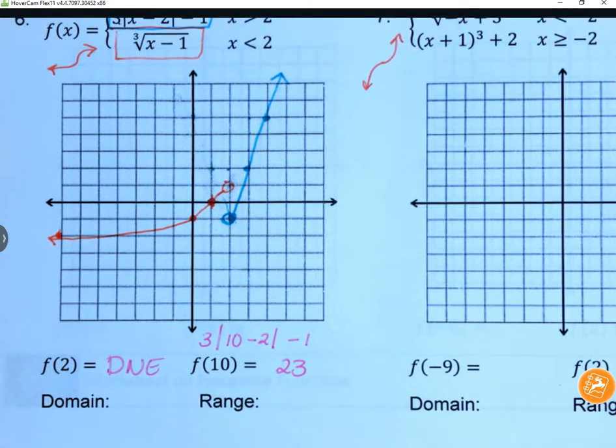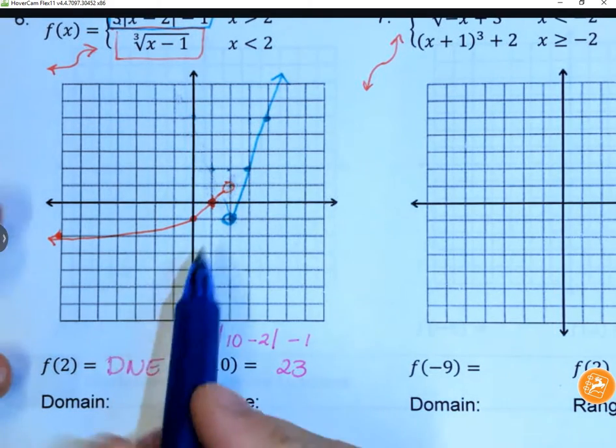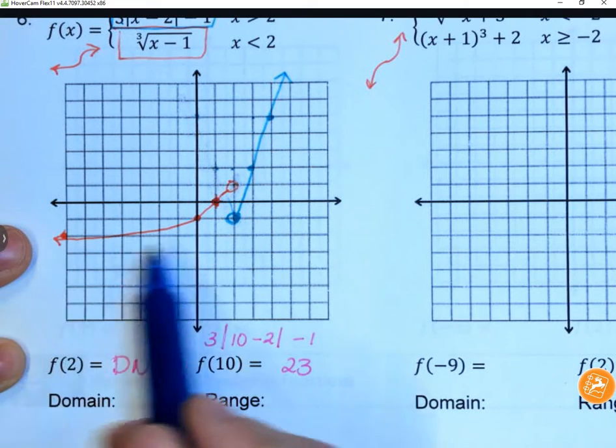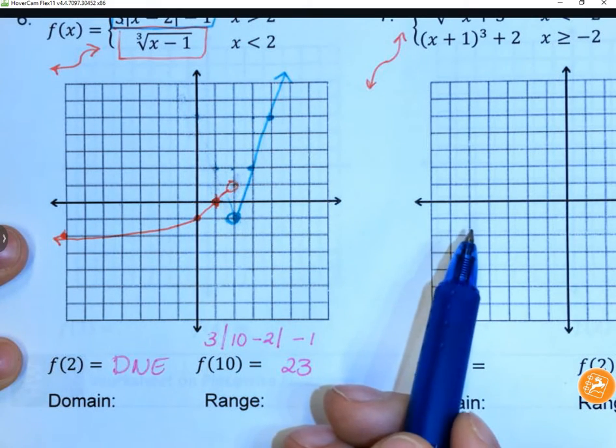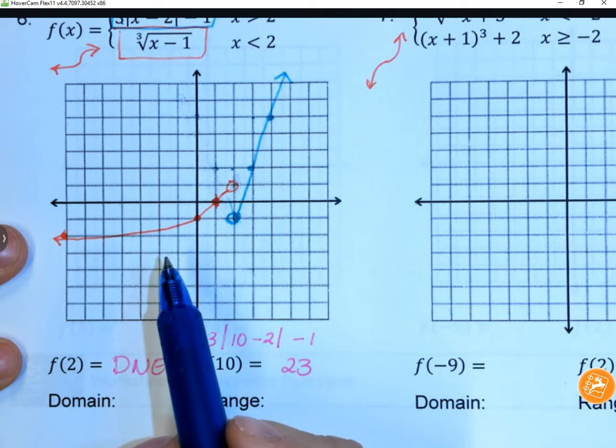Now, as I look at this graph a little bit closer, because I personally think domain and range is a lot easier to do looking at a graph if you can. Domain. Does it go all the way to the left? Yeah? Does it go all the way to the right? Is it everywhere in between? No. Where is it not? 2.